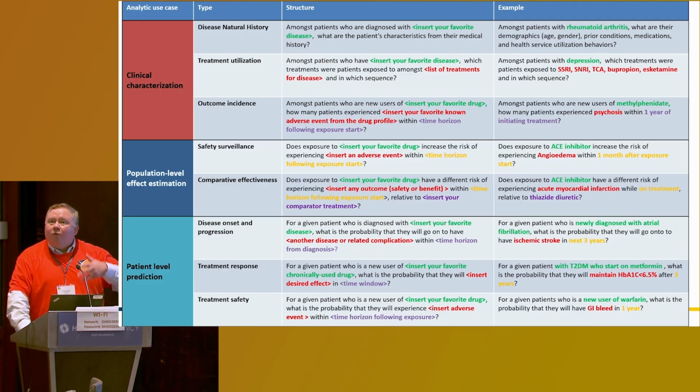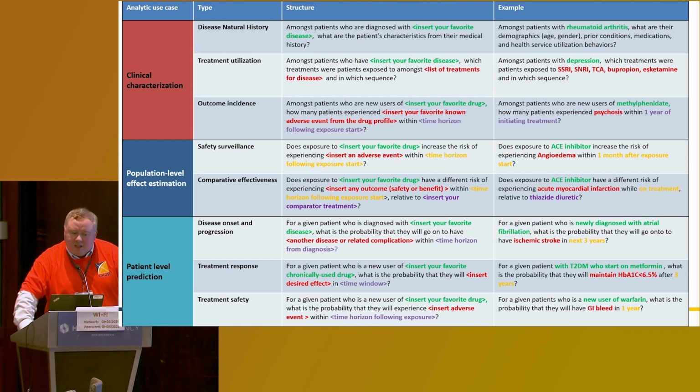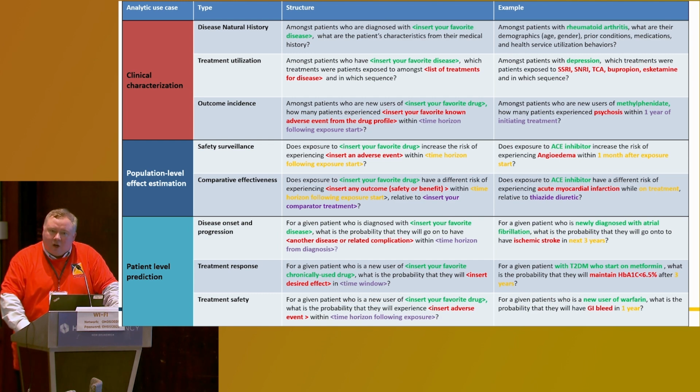And so there are a variety of different questions that one could ask that fall into these categories of clinical characterization, population level effect estimation, and patient level prediction. For this tutorial, we're going to focus in on characterization. We'll talk about disease natural history, treatment utilization, and outcome incidence as examples.